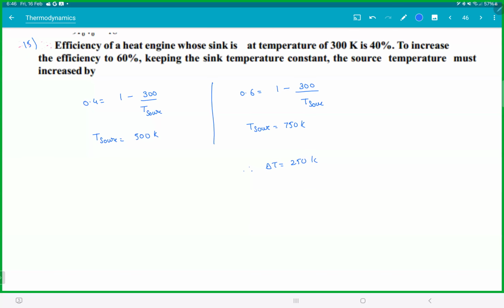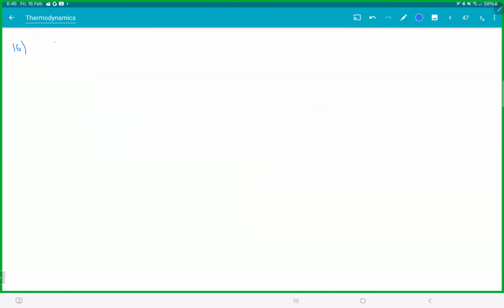Any doubts on this? Next one. Carnot engines in series. Let's say we have a source. This is your engine 1.